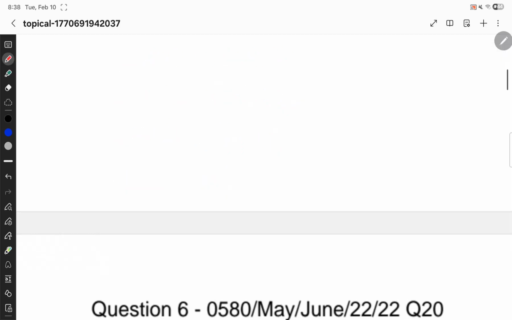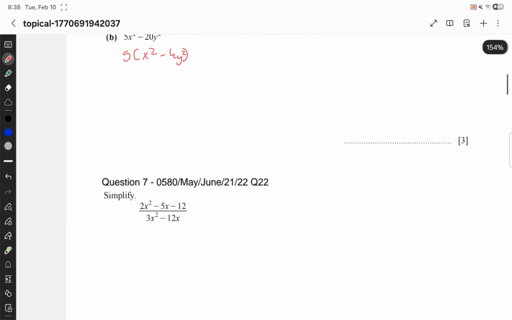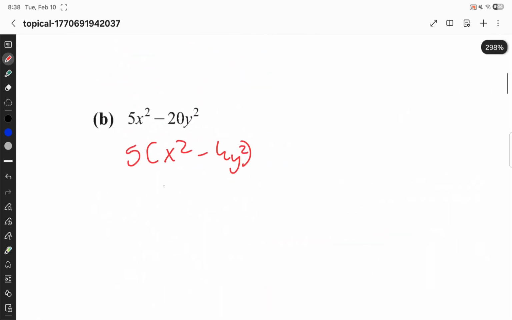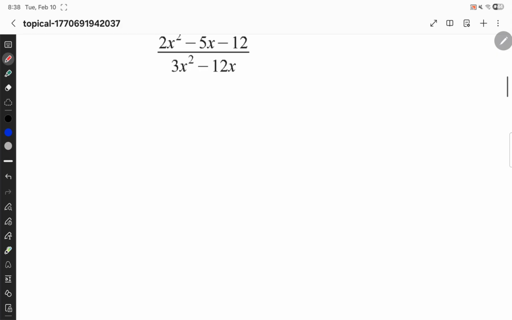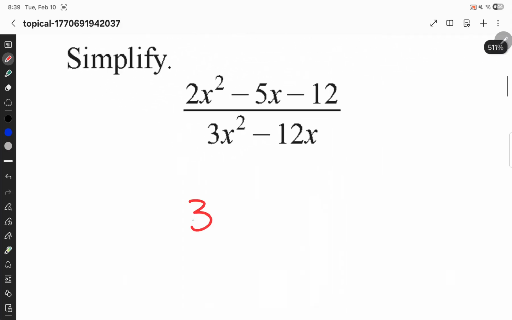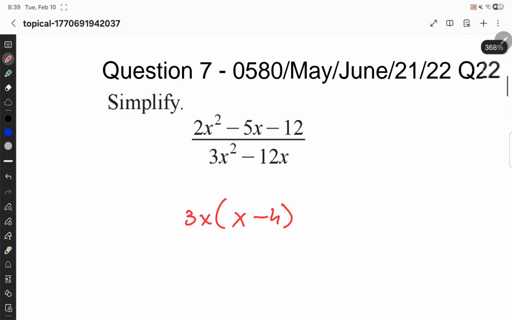Here if we go down we may find another unfinished question. Here we first factorize out 3 since that's common, and 3x is common, x minus 4. Okay, this one slipped through the cracks being simple, but yes, this is how you do it.